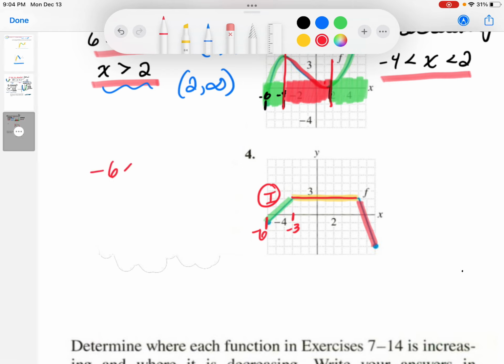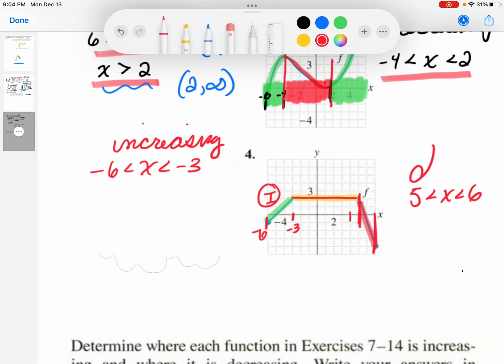So my interval is going to be like this. And then decreasing from, let's see, 2, 4, from 5, and then it looks like it stops at 6 there. So from 5 to 6, I'm going to put D for decreasing, okay? So reading the graphs is pretty easy. And again, intervals are all based off of your values for x, okay?